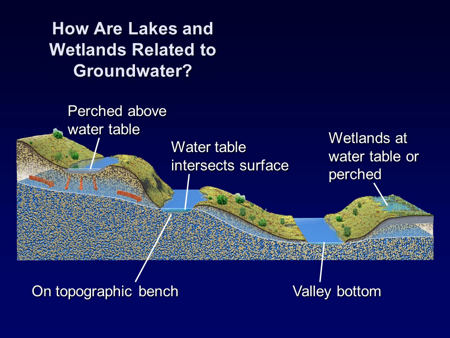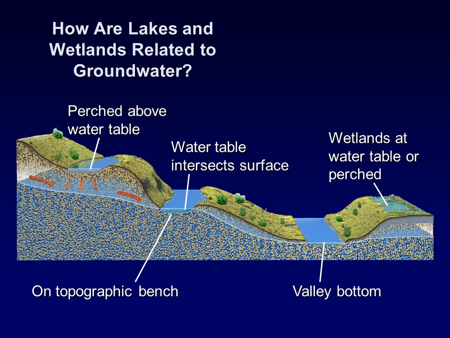So again, how do you think you could determine which of these settings a lake would be in? So there are a few different ways. We want to determine elevation of the water table. We can do that through drilling. We can see whether a lake was losing or gaining water by modeling inflow, outflow, and evaporation. So measuring how does the water level change? How much is it losing, and is it actually gaining?